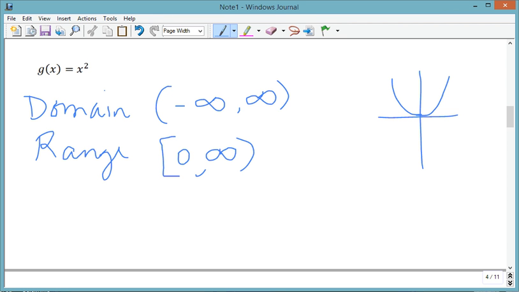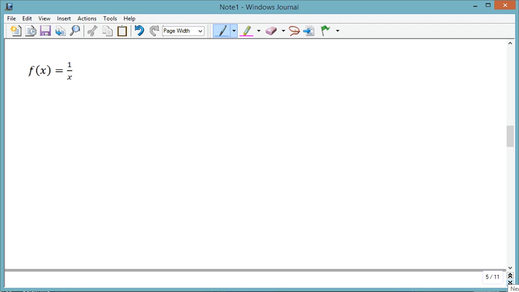Alright, let's look at some more now where we don't have all real numbers. We have to look at what the possibilities are for what I can plug in here. If I did f of 1, it would be 1 over 1, that would be 1. That's fine. If I did f of 2, it would be 1/2.